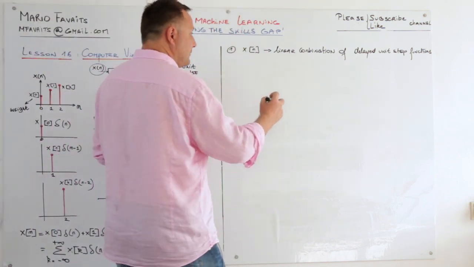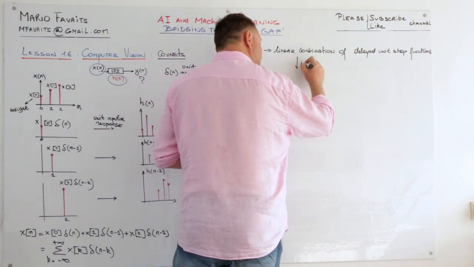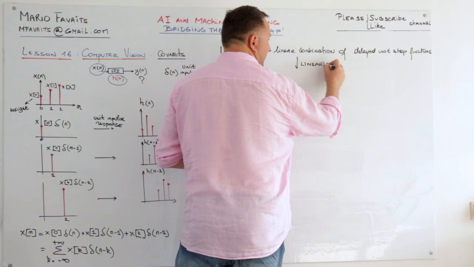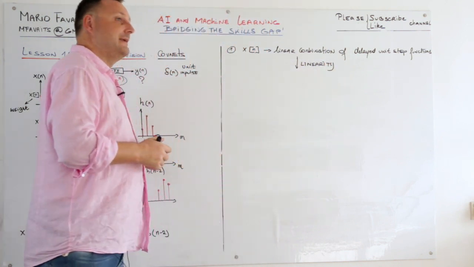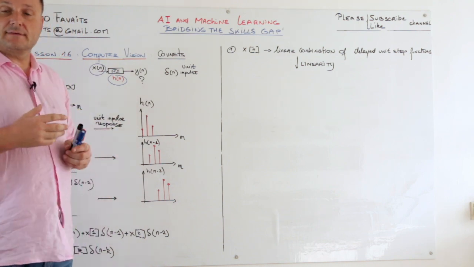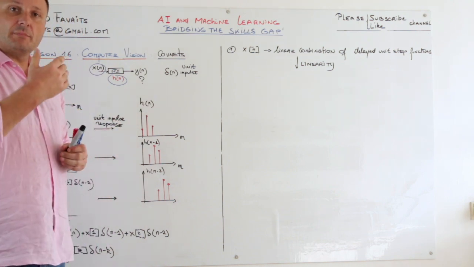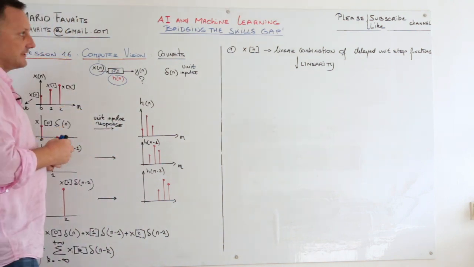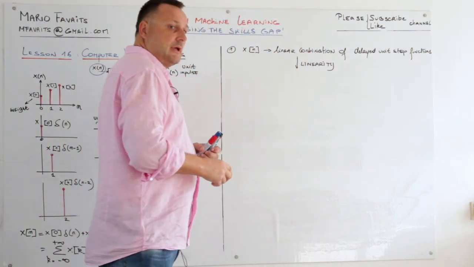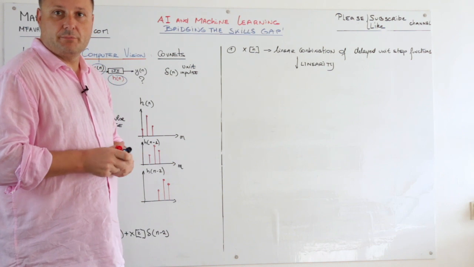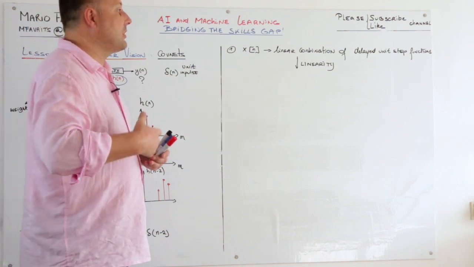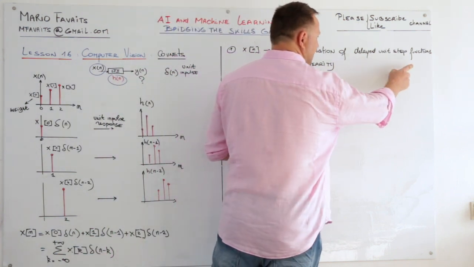So by the linearity feature of LTI systems, we know that a linear combination of delayed unit step functions at the input will give a linear combination of the responses to these unit step functions at the output.